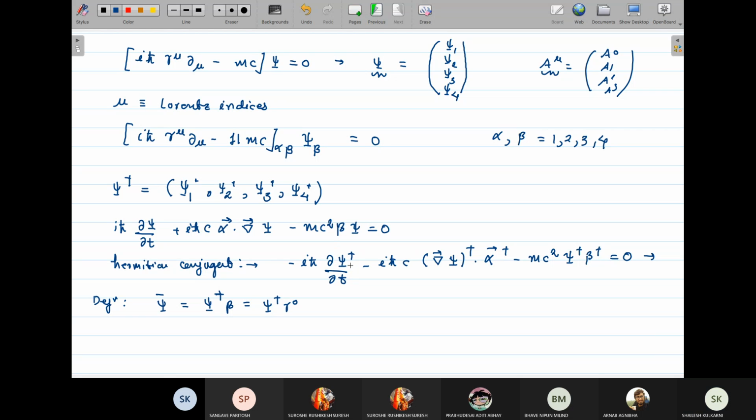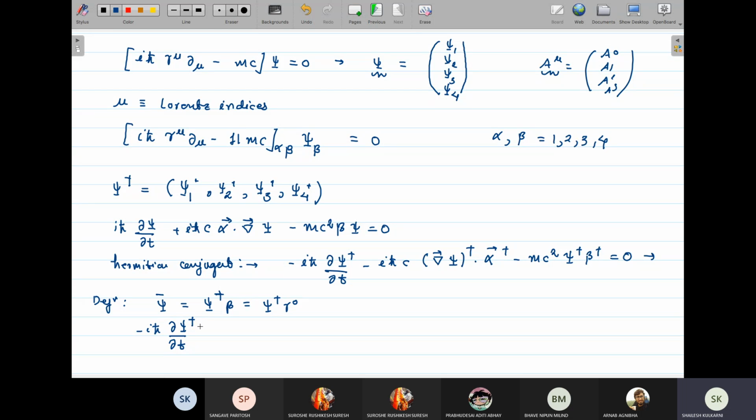But I want to rewrite this expression slightly differently. I will write this as minus i ħ ∂ψ†/∂t. Since gamma 0 square is 1, I will insert gamma 0 square here, that is identity.